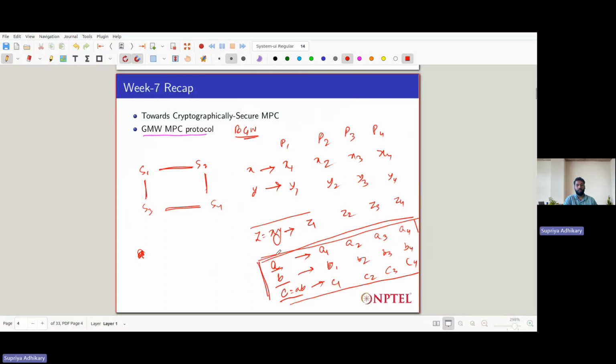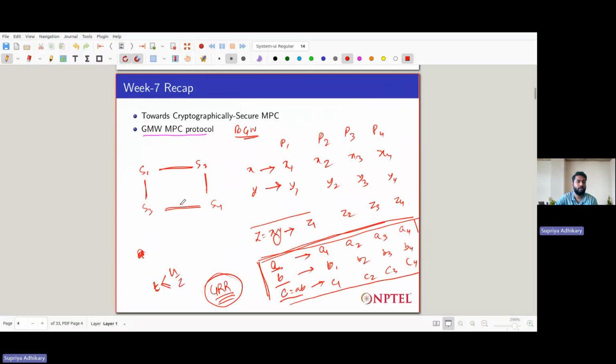Now to compute this circuit, we needed the GRR degree reduction method. Since we are using the GRR degree reduction method, the threshold of this scheme, the number of participants that can be tolerated, was bounded by n by 2.